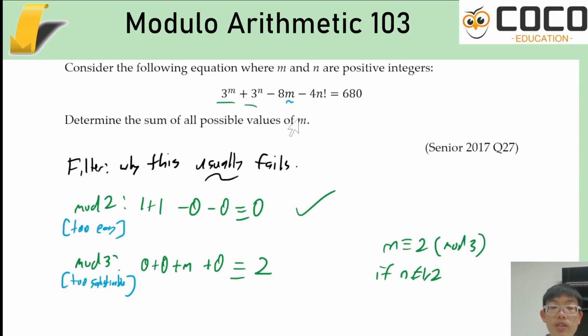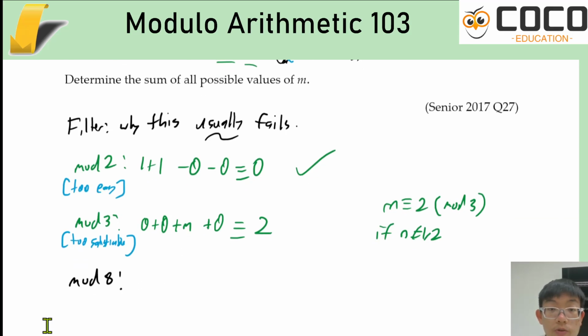So how do I sort of explain why this usually fails? I want to get rid of the flexibility, and so I'm actually going to take mod 8. Because if I take mod 8, this is gone, this is also gone, and powers of 3 mod 8 are just 1 and 3.